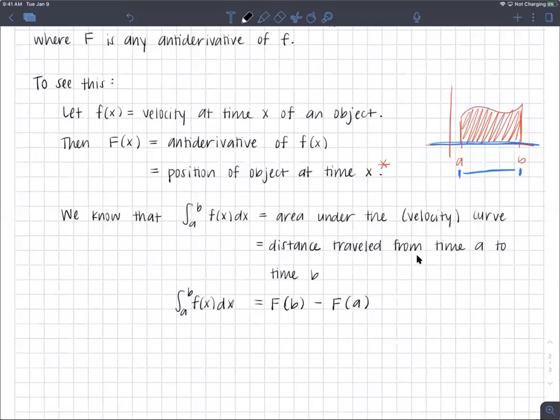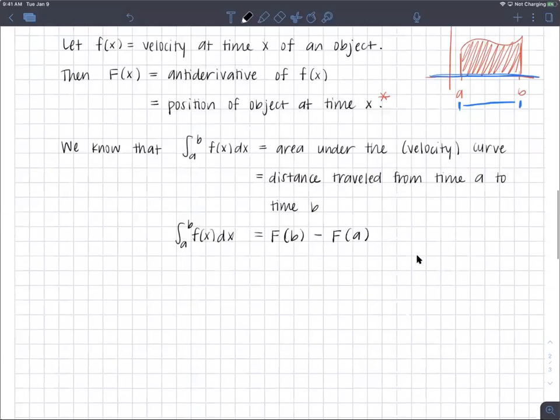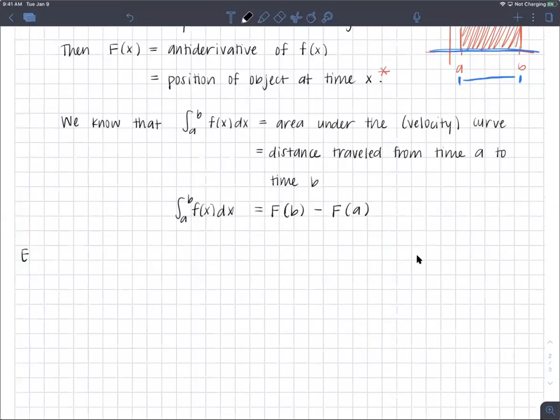Okay, so let's do some examples of this. Example. The first one we're going to look at is the integral from 1 to 5 of x squared plus 1 dx.